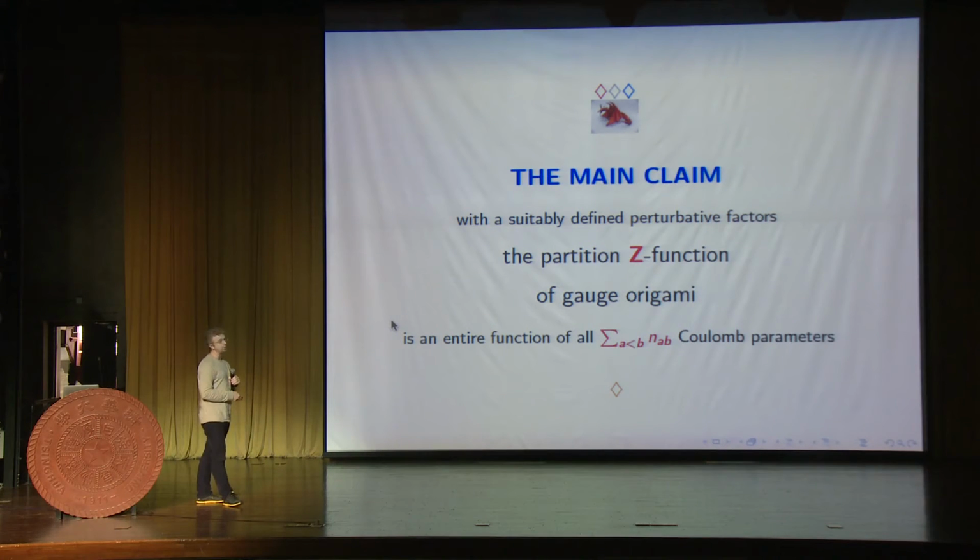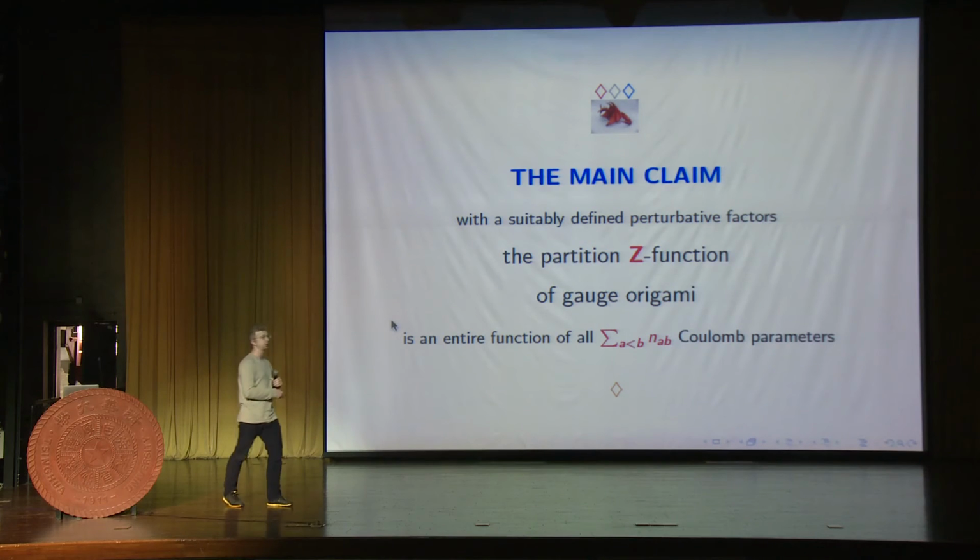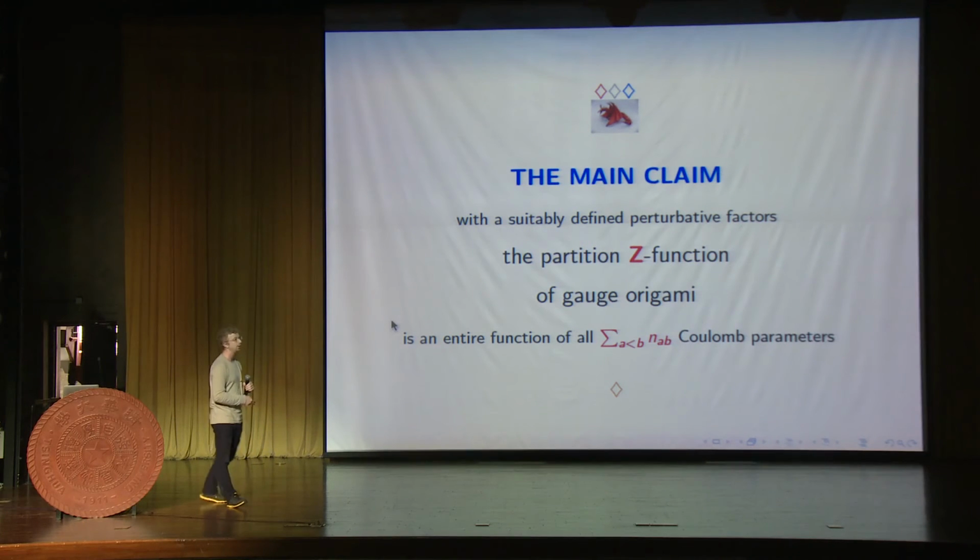And the partition function of the statistical mechanical model is the partition function of what I call the gauge origami, which is also the partition function of this union of gauge theories. And the main claim is that as a function of Coulomb parameters, which physically are the separations of these stacks of branes in the remaining transverse 2 dimensions, this partition function has no singularities.